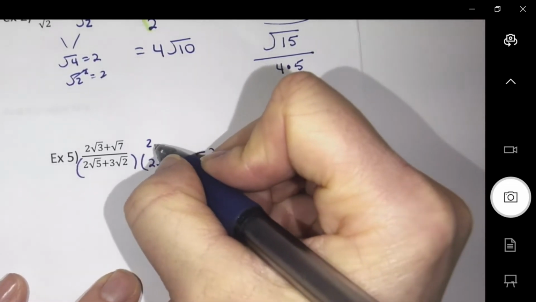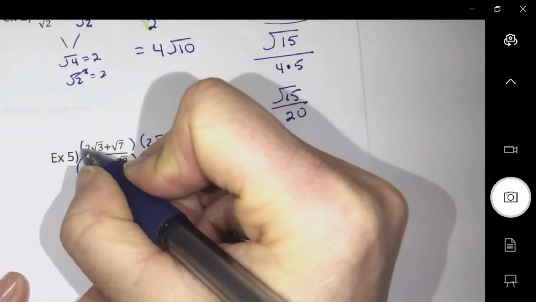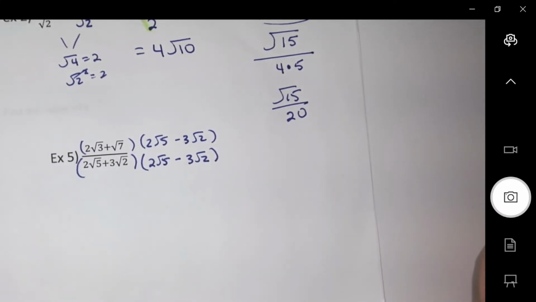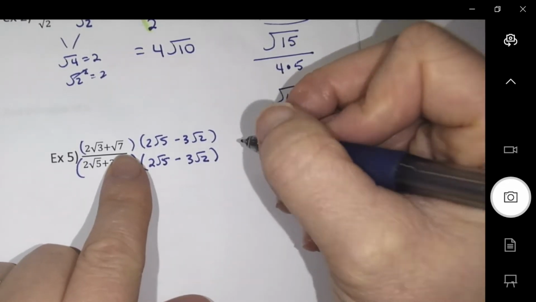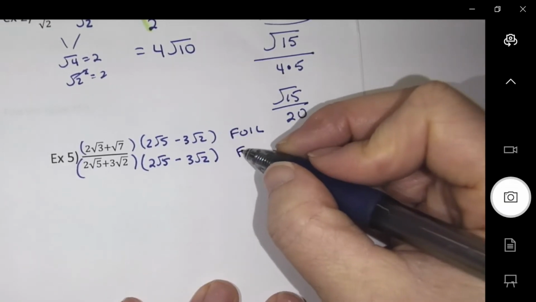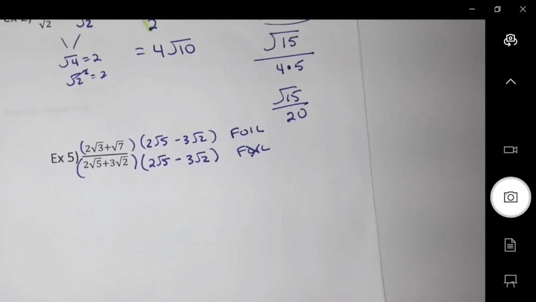Okay, same thing on the top. Okay, the top, you're going to have to, I'm sorry, do all 4 parts. There's no cheats on that. You're going to have to FOIL it. And the bottom, we do get to cheat on that one because of the conjugate situation. We'll cancel.